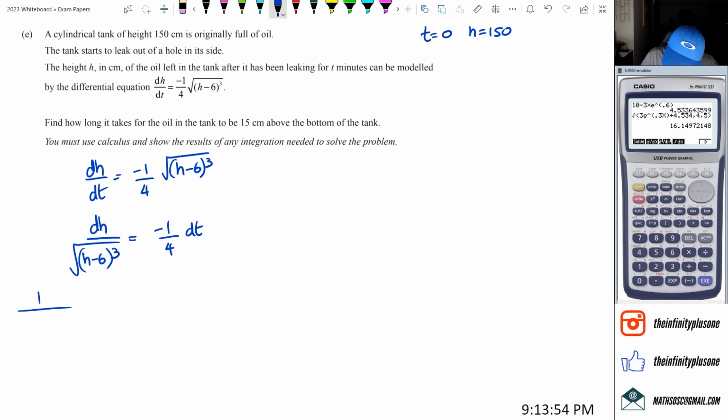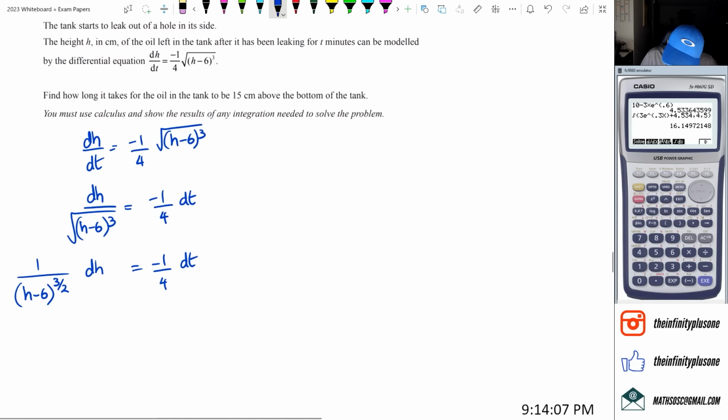So we're going to get 1 over (h minus 6), getting rid of that square root, and because it's a cube, we're going to get 3 over 2 dh equals -1/4 dt. And of course, we're going to bring that (h minus 6) to the power of 3 over 2 to the numerator, which will make it -3 over 2, equals -1/4 dt.